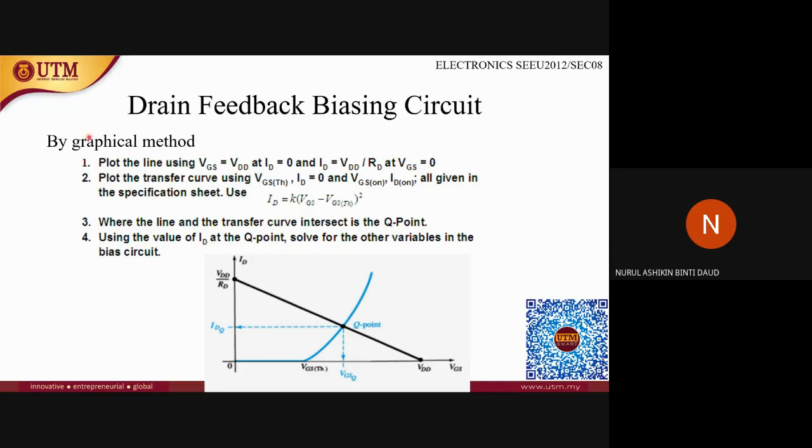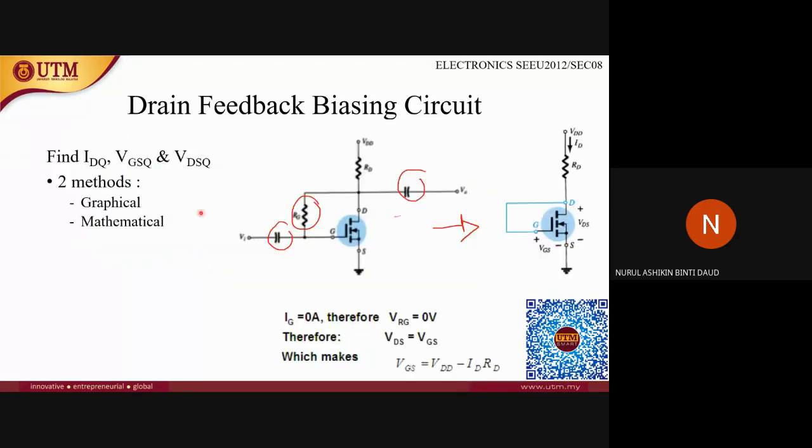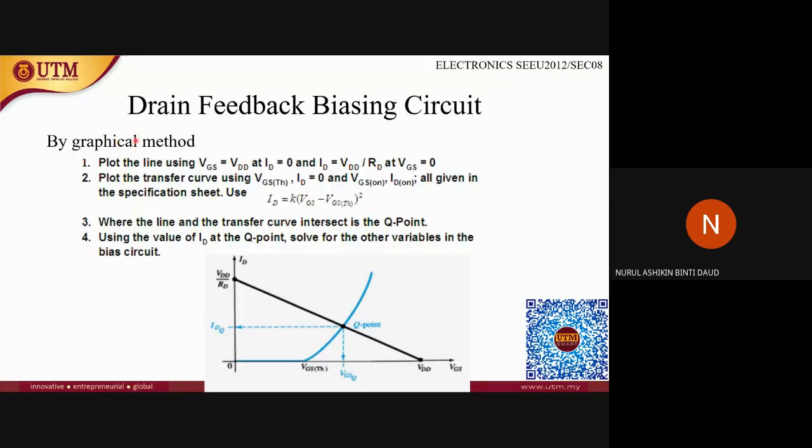These are the methods if you want to solve this kind of circuit using graphical methods. First of all, we need to plot the line. Plot the line using VGS equals VDD at ID equals 0.